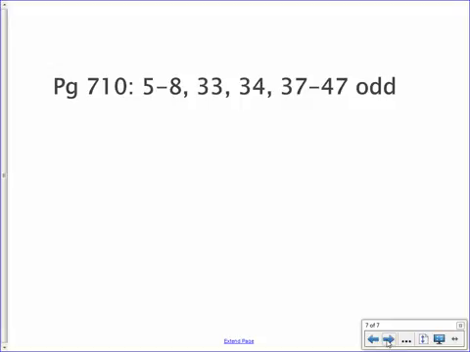We have a few minutes left, so I will entertain questions on homework if we have them. If we can't get through everything, I know we'll have extra time tomorrow. Does anybody have a problem from last night's homework? Number 62.